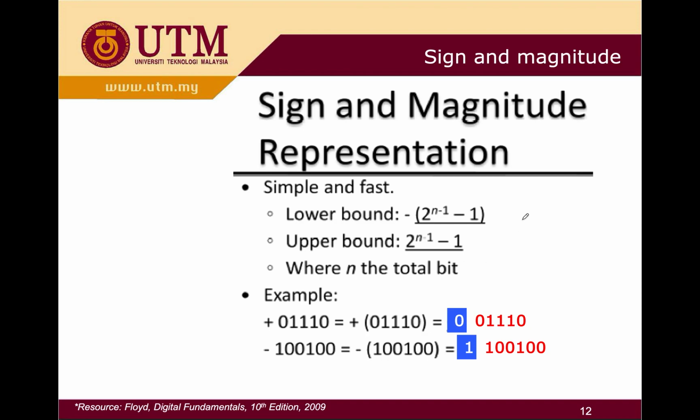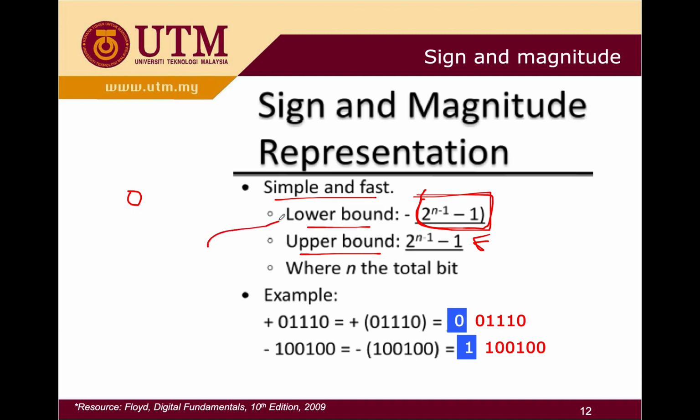Before that, this is something you already learned for unsigned numbers. It is a similar equation, simple and fast: the lower bound, the minimum, and the upper bound. The minimum for an unsigned number is 0.